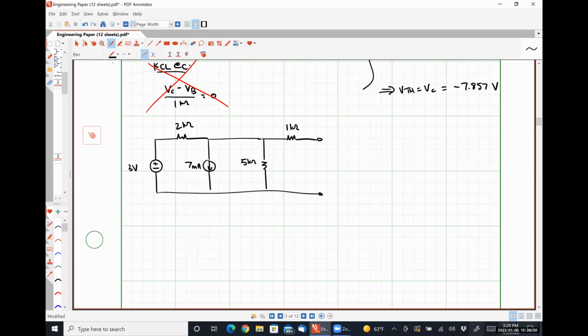Exactly right. I short circuit these terminals, and then I measure the current flowing through the short. 100% correct. Thank you.